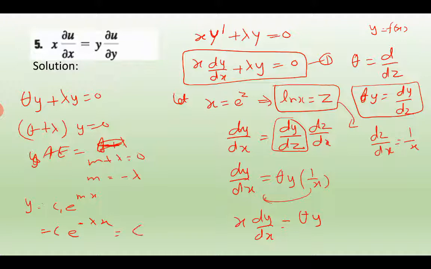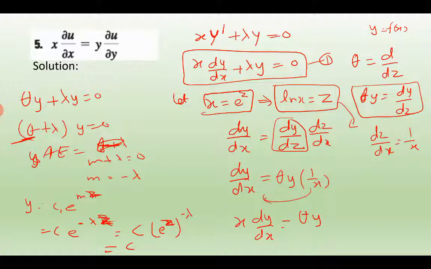But e power x is our assumption. Where is it? This one. This should have been in z, because now y is differentiable with respect to z. So the answer is z. This will be e power z. e power z becomes x.